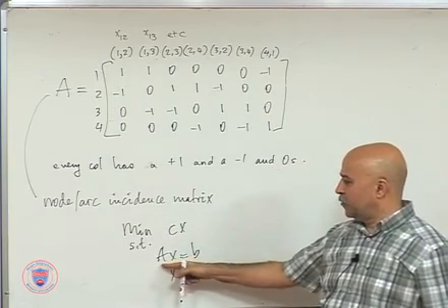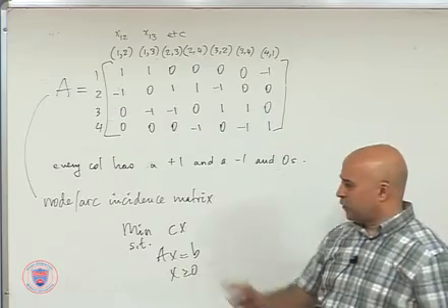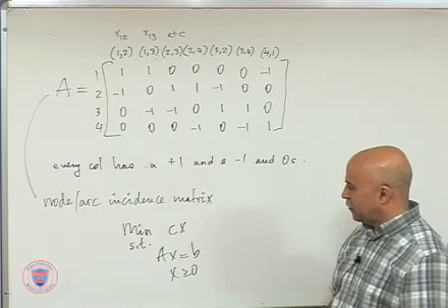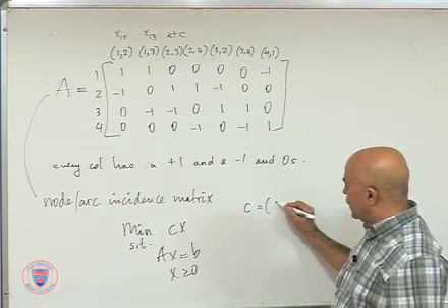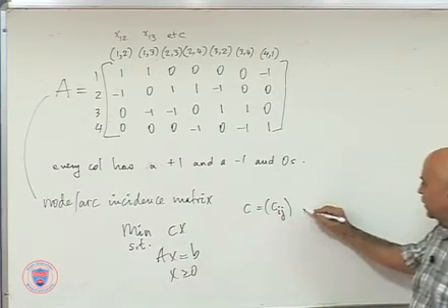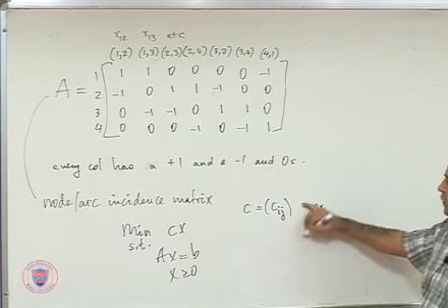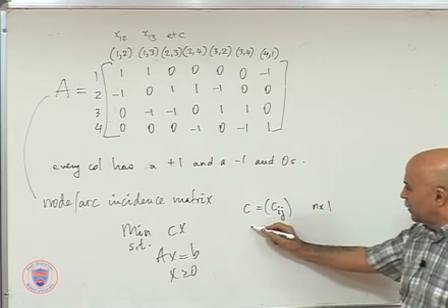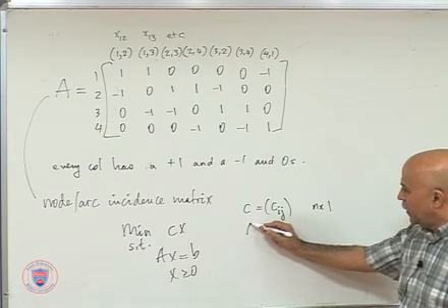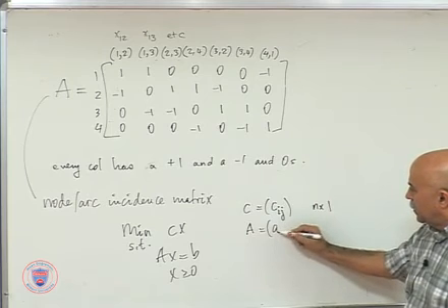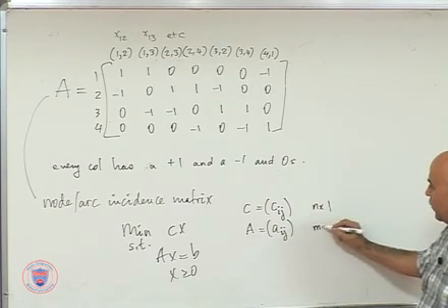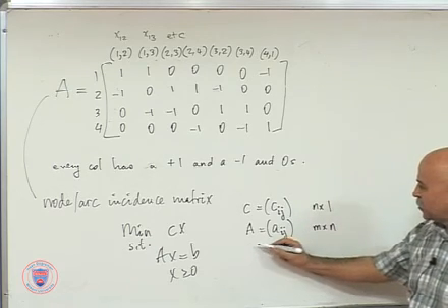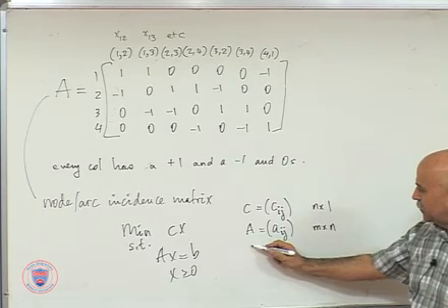Where A refers to the node arc incidence matrix, c is just the vector of costs, x is the vector of xij's, and b is the vector of requirements, the bi's. So c is the cij's, it's n by 1, right? You've got n arcs, so it's an n vector. A is m by n, m rows corresponding to nodes, n columns corresponding to arcs.